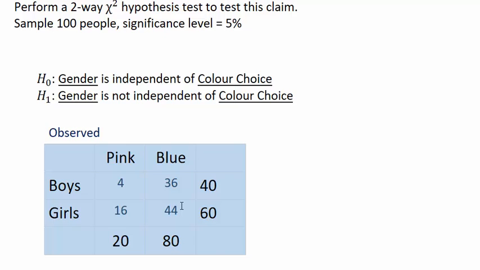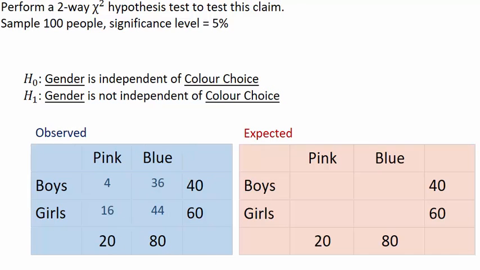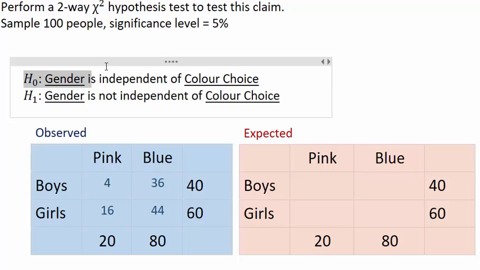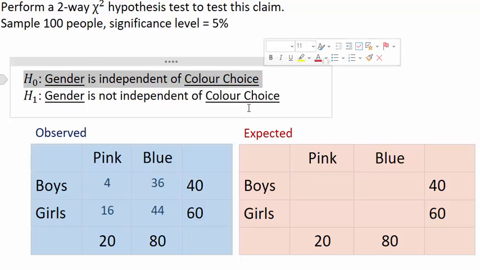Well, what we have to do is consider what would we expect to happen. So if the null hypothesis is true, and this is such an important concept in all hypothesis testing, let's assume the null hypothesis is true. What would we expect to happen? And then we can judge whether we should reject it or not.